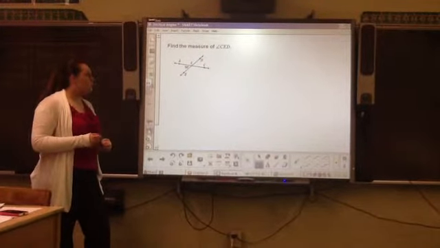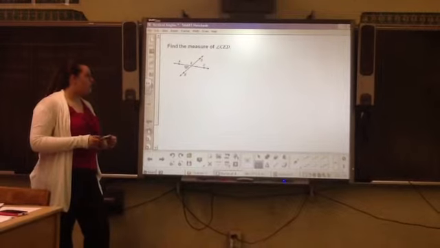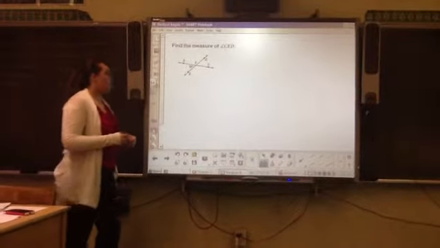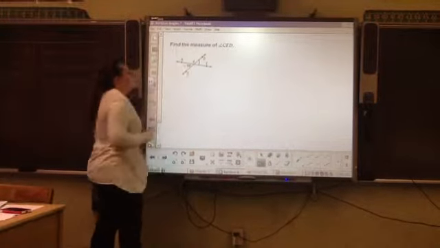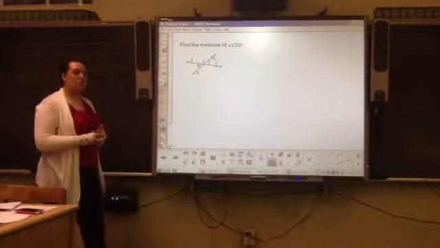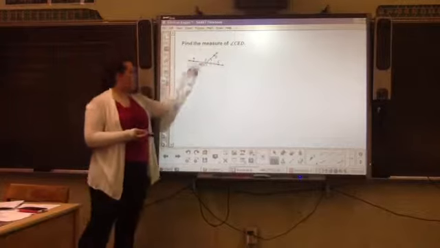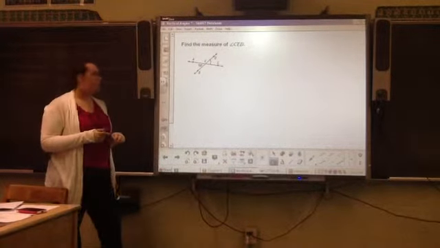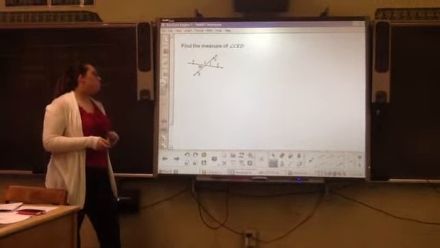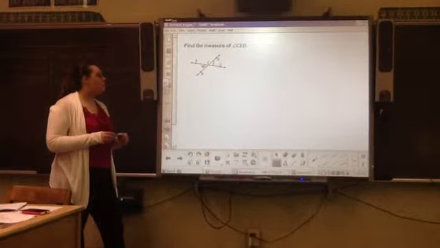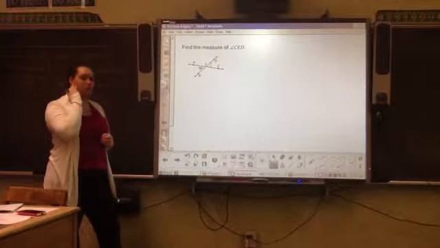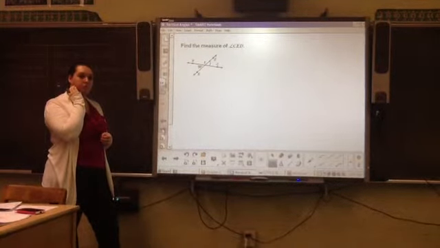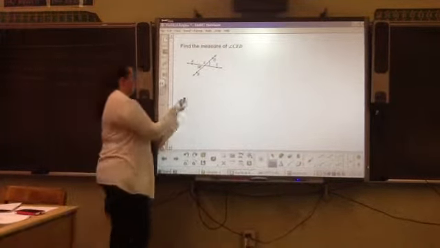Now we are given two lines crossing, and we are looking for the measure of angle CED, which is this angle right here. Now, like I said, two lines crossed. This angle is opposite this angle. So, to show a picture, what can you conclude that the measure of angle CED is going to be? 50 degrees.